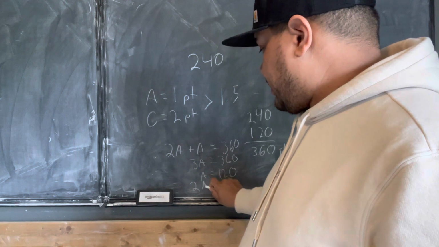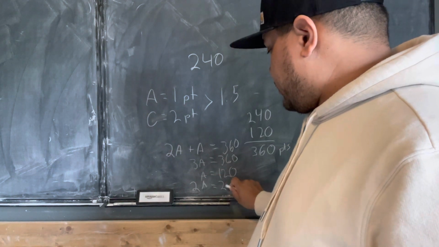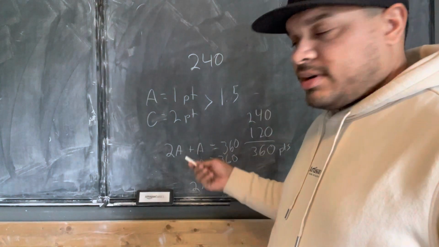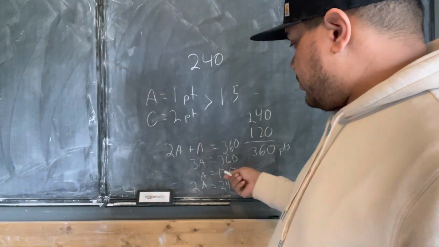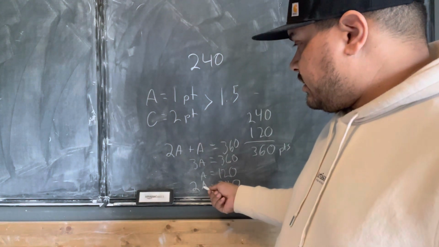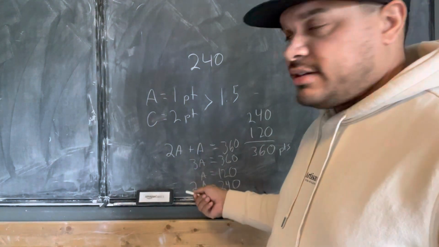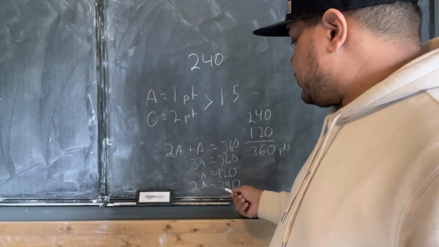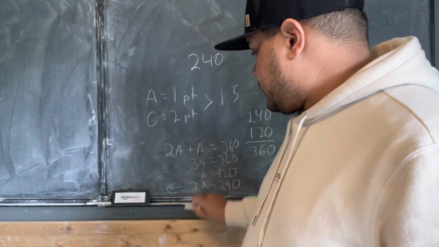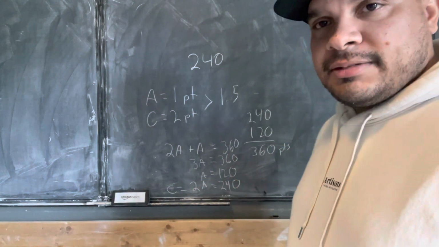So that means that 2A equals 240 points, right? And so you're going to expect your apprentice here to produce 120 of the 360 points, and you're going to expect your craftsman painter to produce 240 because C equals 2A equals 240. Okay.